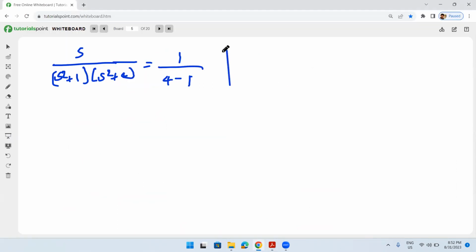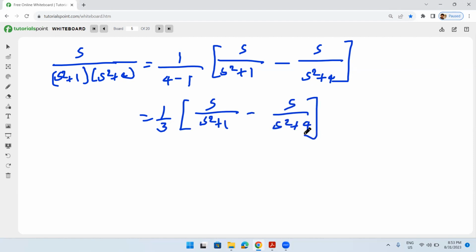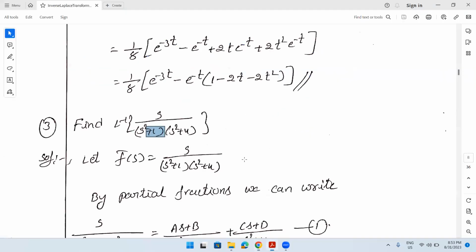Into, whatever we have in the numerator, directly write it. 1 by s square plus the smaller, that is a, that is 1. s by, the numerator as it is, here we write s square plus 4. So the thing is 1/3 into s by s square plus 1 minus s by s square plus 4. Simply in a single step, we can write the partial fraction here.